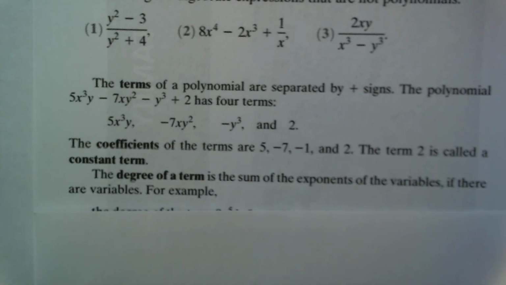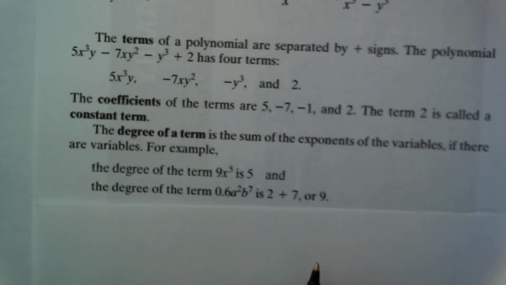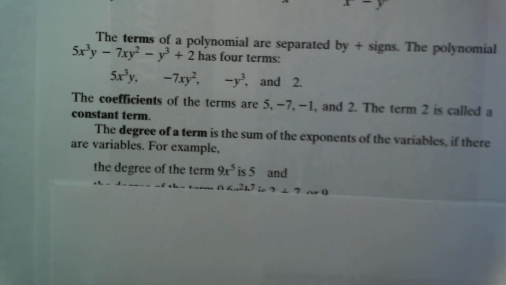And then some more important definitions. And that is the degree of a term is the sum of the exponents of the variables, if there are variables. For example, the degree of the term 9x to the fifth is 5, because the exponent is 5.